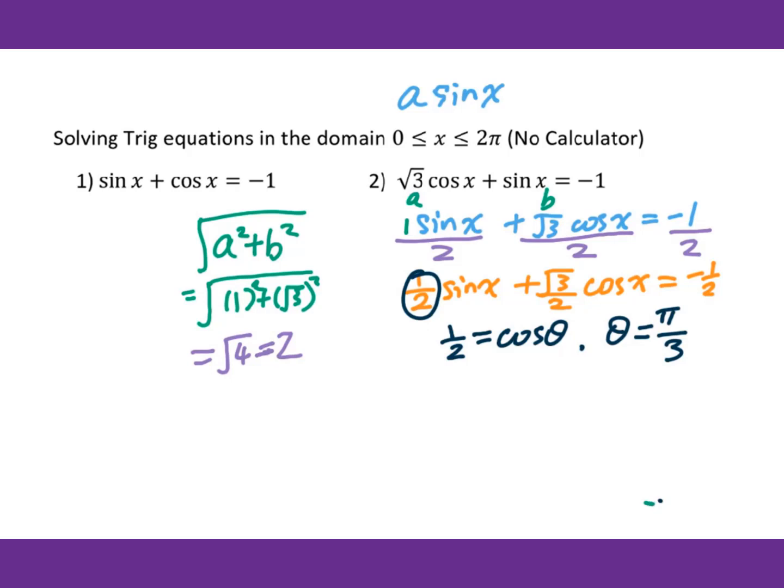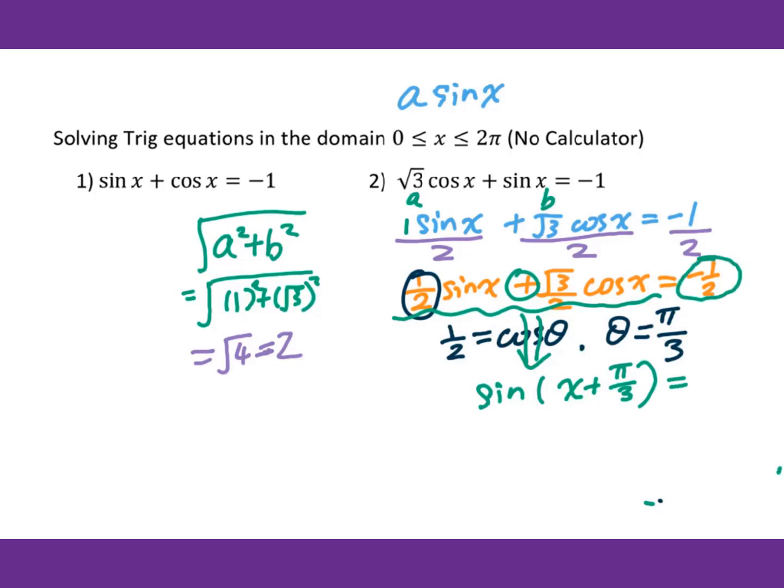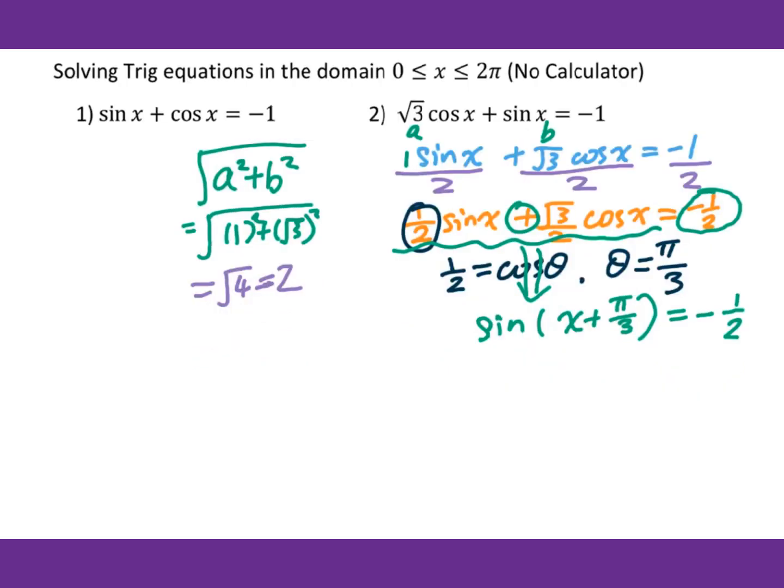So we change this into sin x plus, because this is plus, pi over 3, that equals negative 1 over 2. Then we solve this equation now.